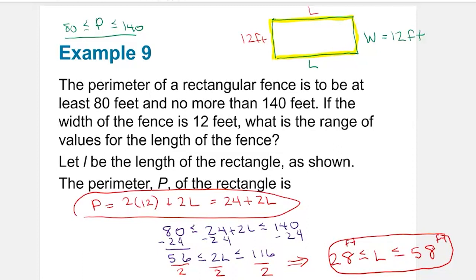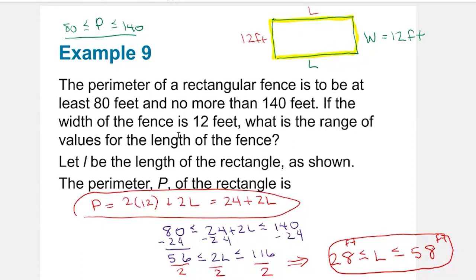So let's see if we answered the question. Let L be the length of the rectangle as shown. The perimeter P of the rectangle is. So did we answer it? Actually, I don't think we answered this question yet. Oh, here it is. We did.